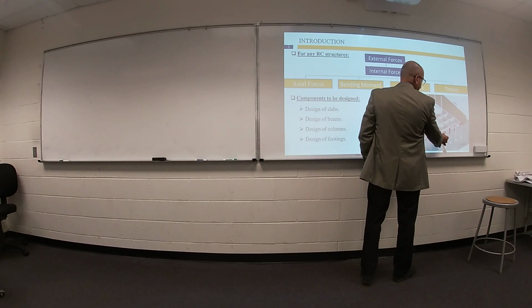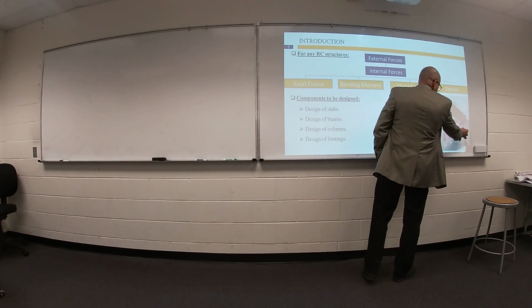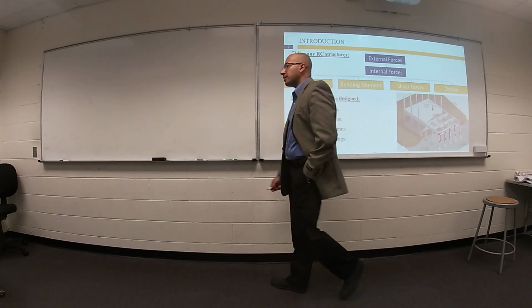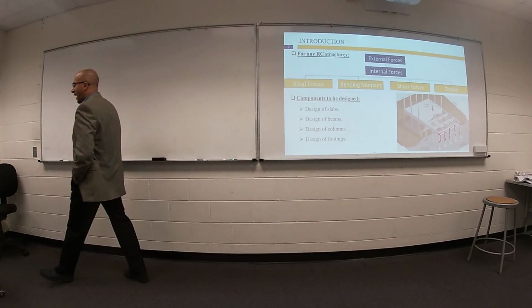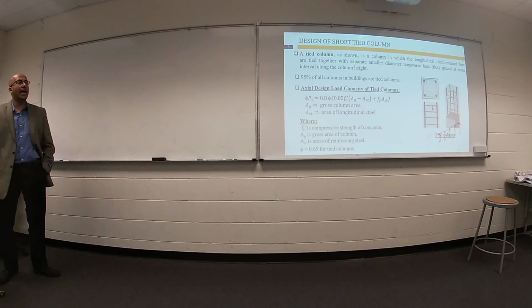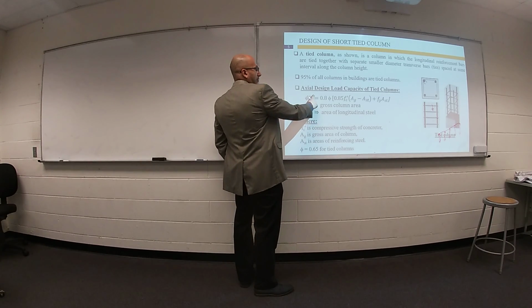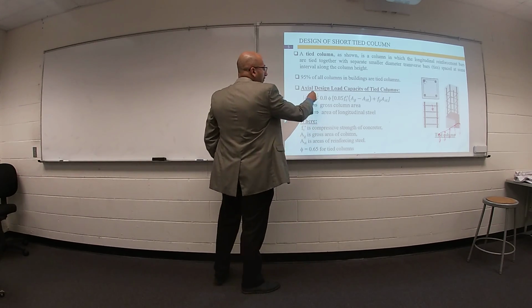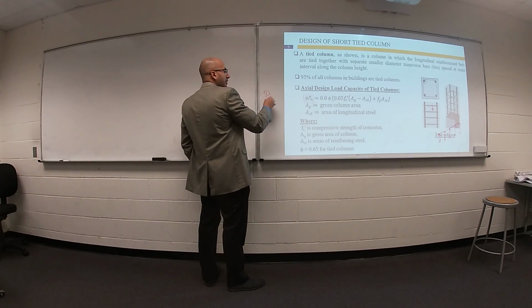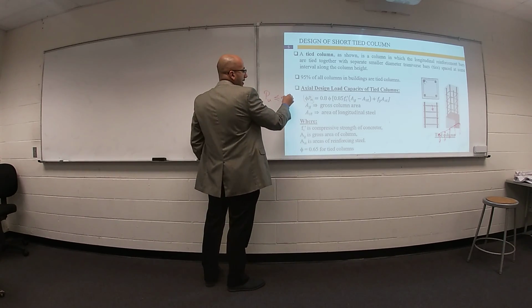This reaction on your column makes compression. This reaction must be smaller than or equal to the design axial force of your column. This way, with your design philosophy, Pu must be smaller than or equal to phi Pn.